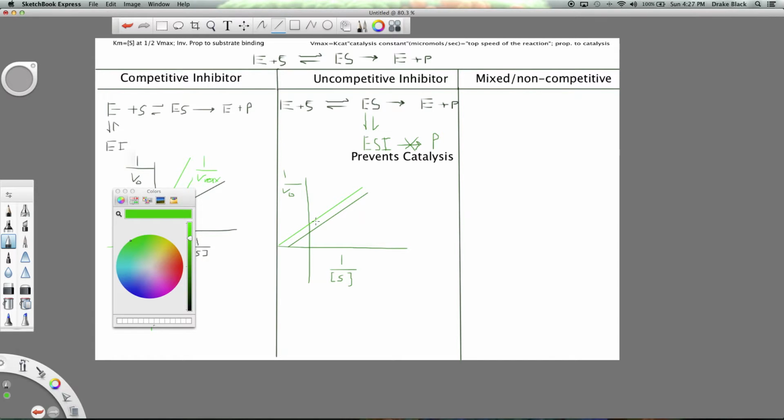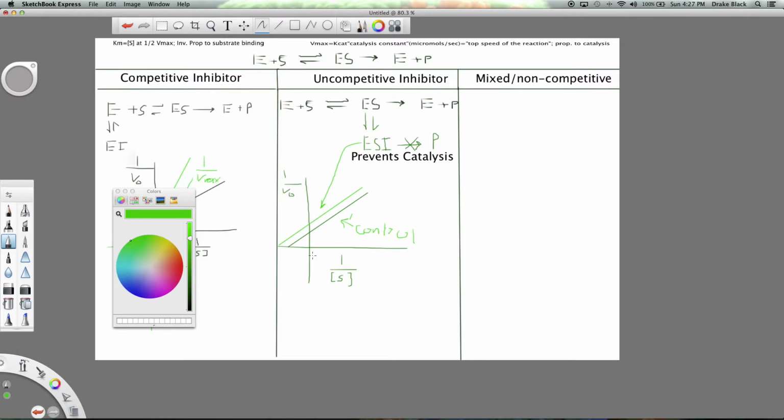With this, what happens here? So right here's the control. And then this one right here is the enzyme substrate inhibitor complex.